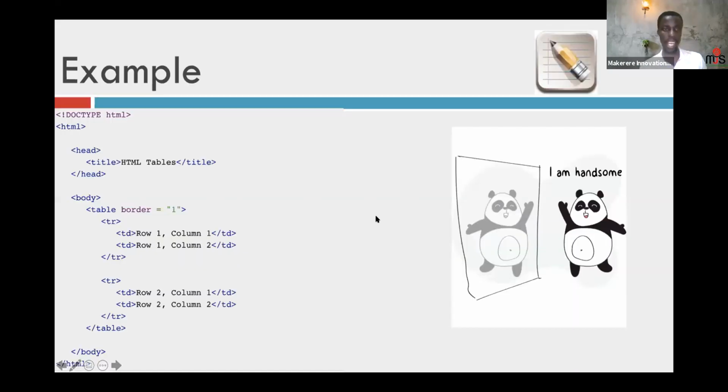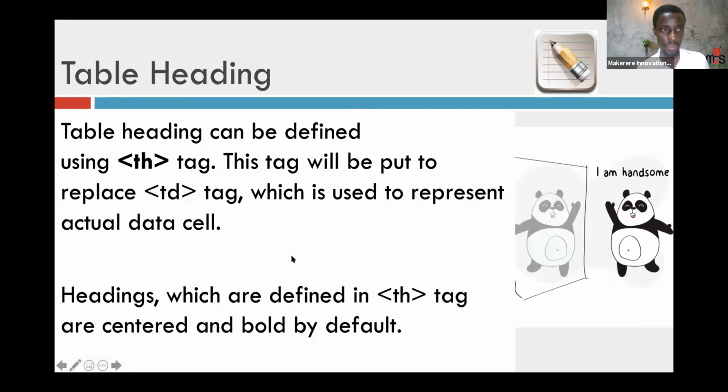Now, having learned how to come up with simple columns and rows in tables, we want to dive deeper and conclude something about the table headings. Initially, for the table heading, we used bold, but that was manual.